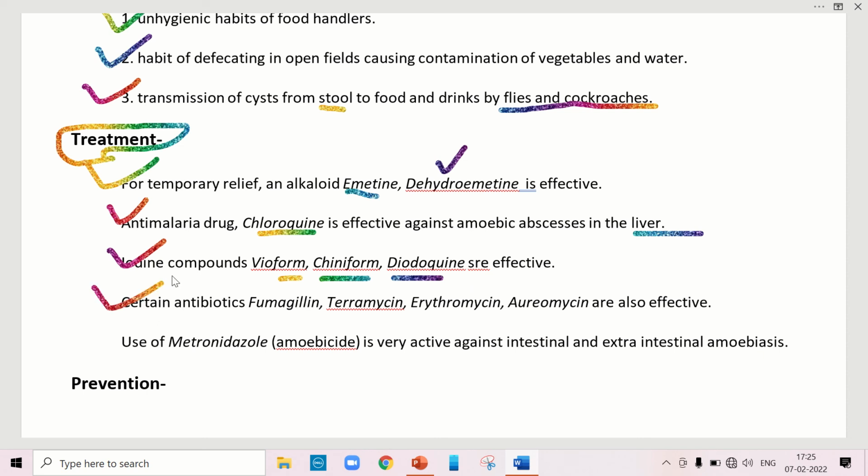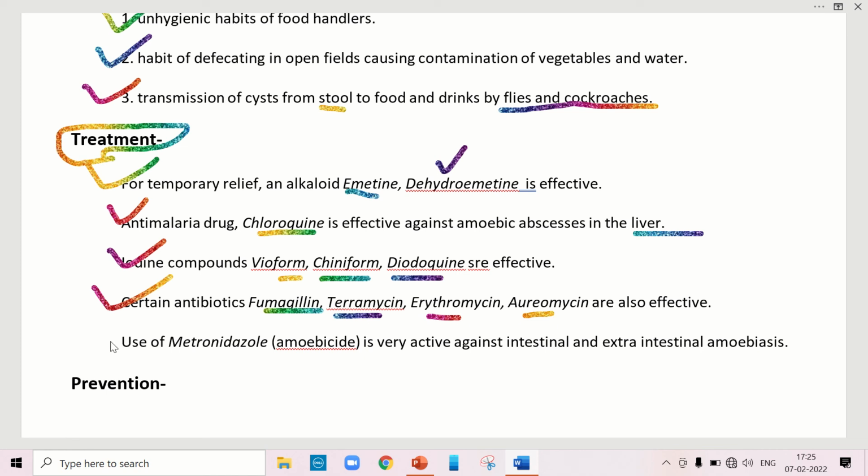Certain antibiotics like fumagillin, terramycin, erythromycin, aureomycin have proved to be effective in the eradication of this parasite.